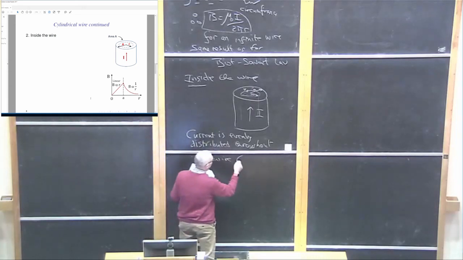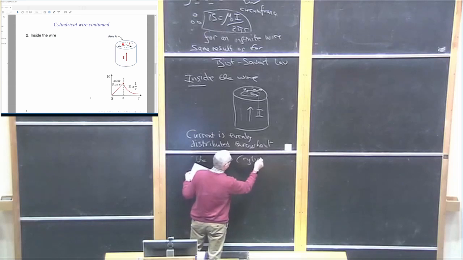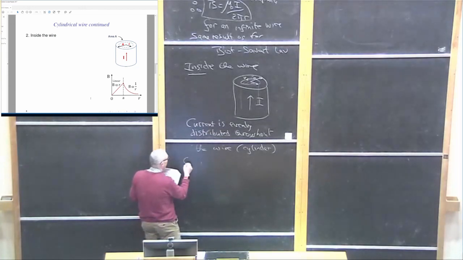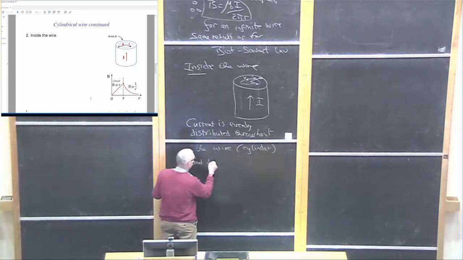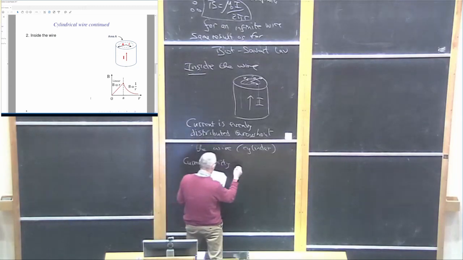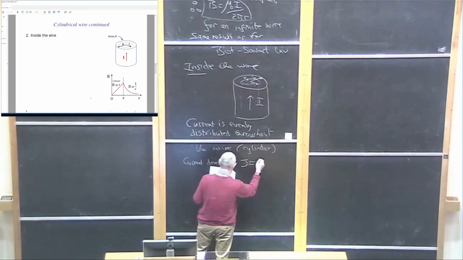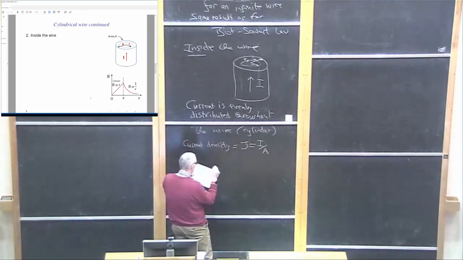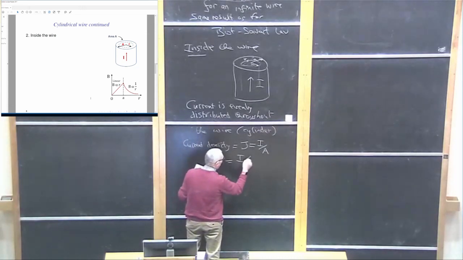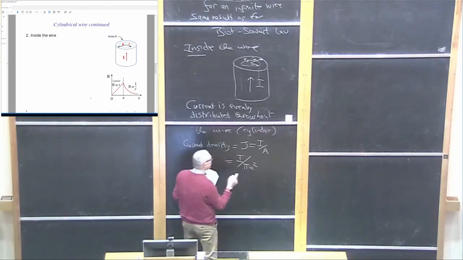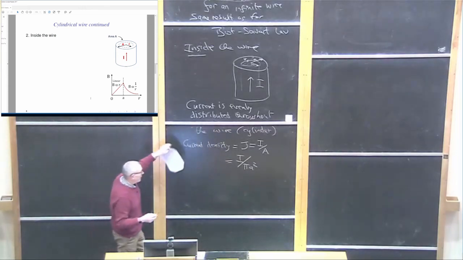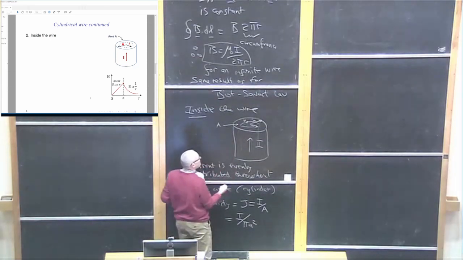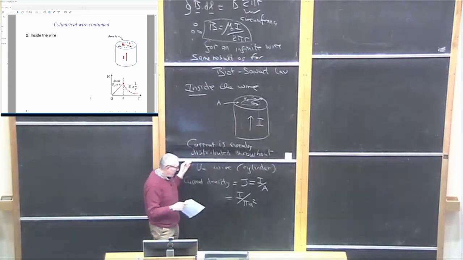The wire is just a cylinder, cylindrical in shape. So the current density J equals I divided by A. It's the current per unit area, which equals I over pi A squared, where pi A squared is the area of this surface. So that's the current density.